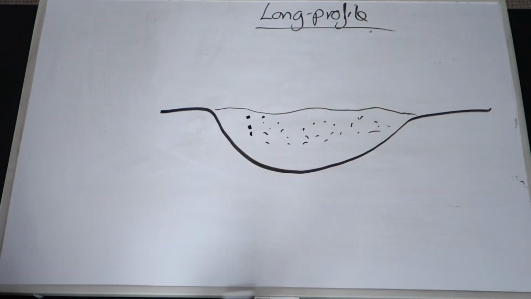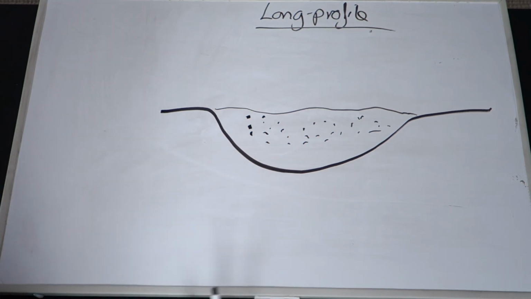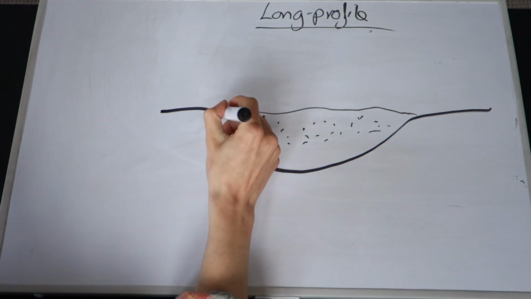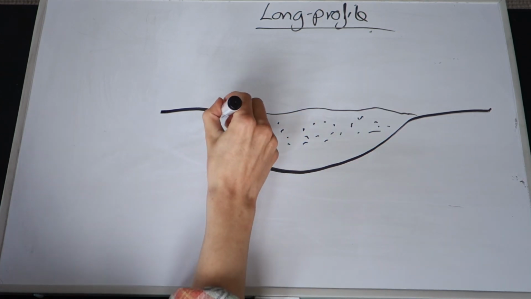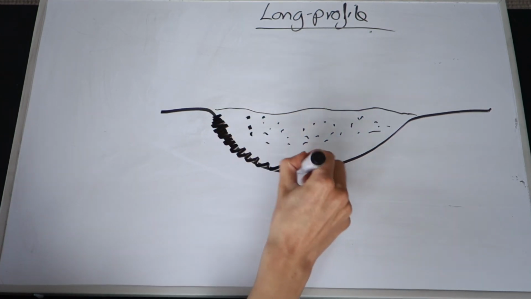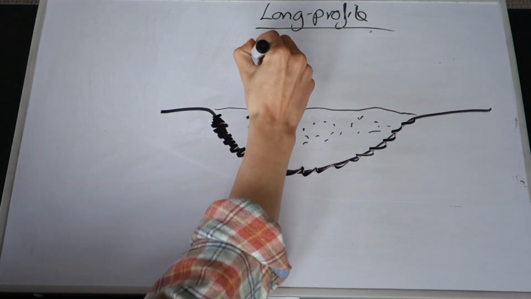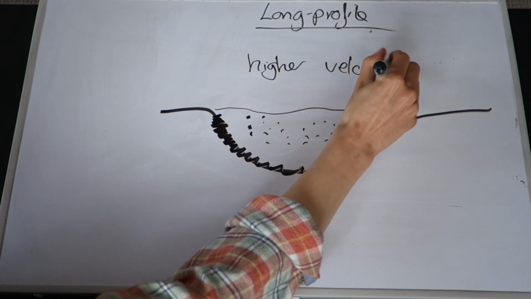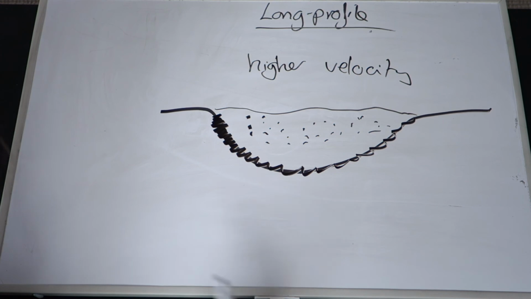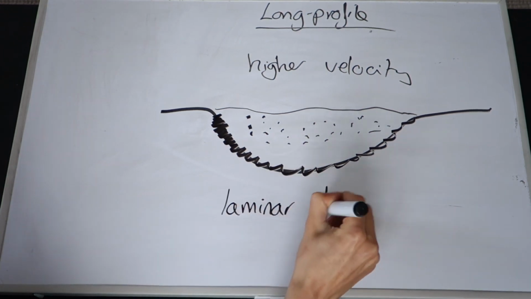So the water doesn't have those big boulders to flow past, so it can flow in a smooth way. So there's not as much friction between the water and the load. And the only place friction can occur is along the banks and the bed of the river. So what we find in the lower course is that the river flows faster. It has a higher velocity because the flow is smoother, and smooth flow we call laminar flow.